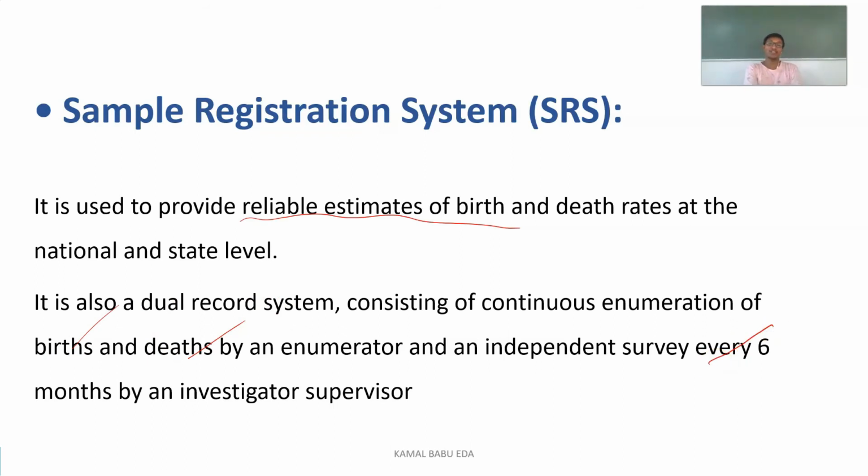So it is registering the deaths and births that are occurring, and every 6 months a survey is conducted by the investigator supervisor. It is a dual recording system with continuous enumeration, so continuously they are entering the number of births and deaths that are occurring.